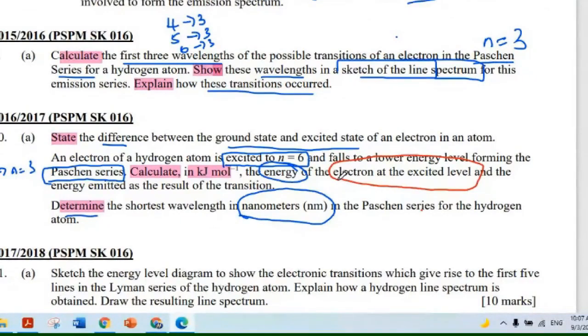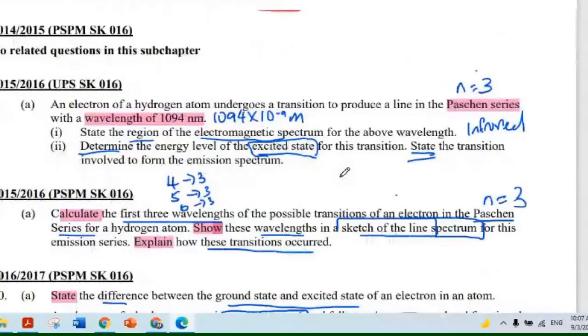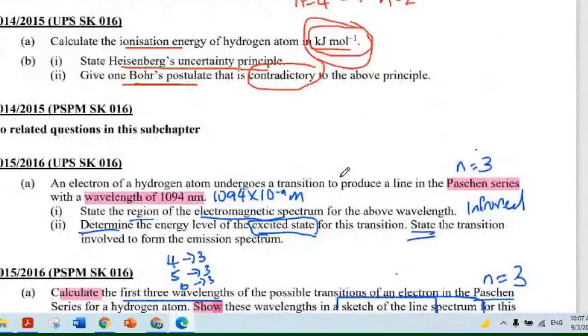Farah kira. Adakah dia suruh you kira delta E hanya, ataupun dia nak suruh you kira energy of the electron at the excited state sahaja? So dia energy. Tengok soalan yang kena kira transition, you tengok apa yang dia tanya.